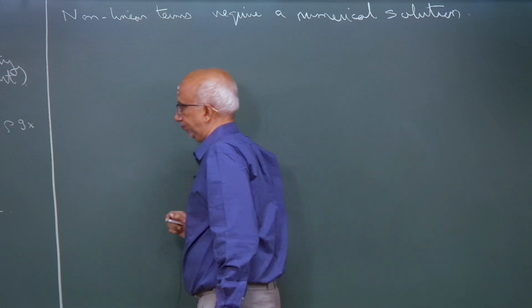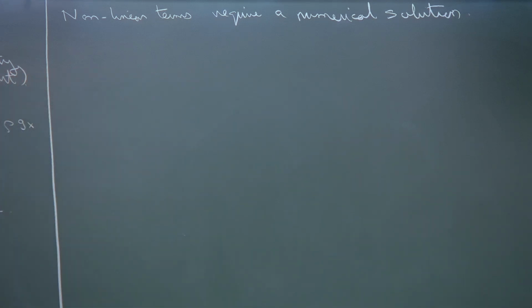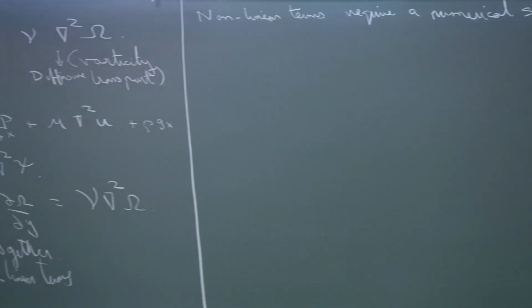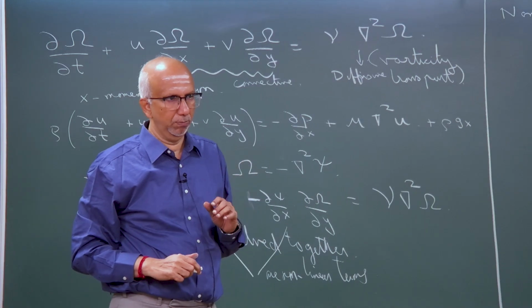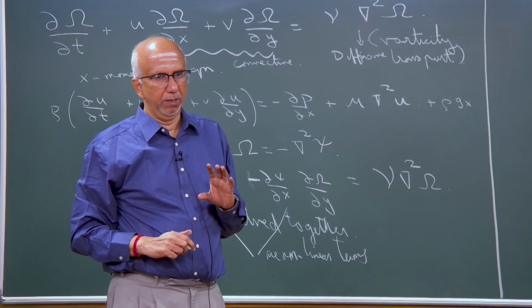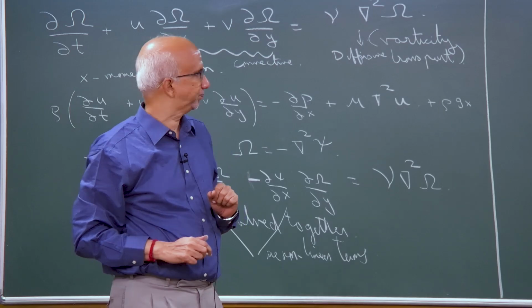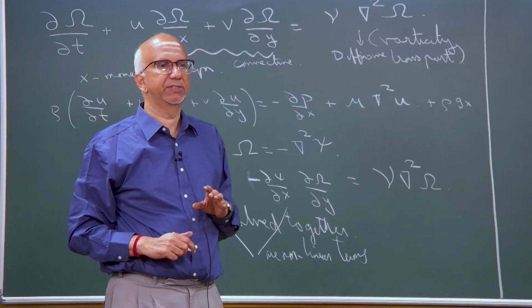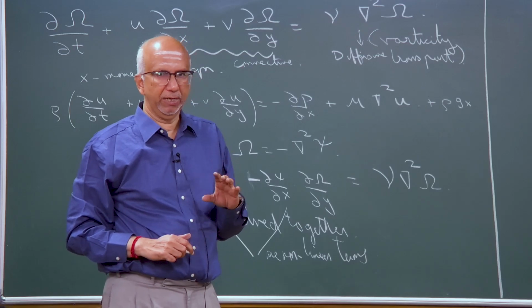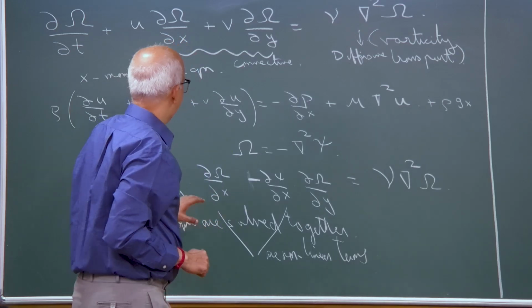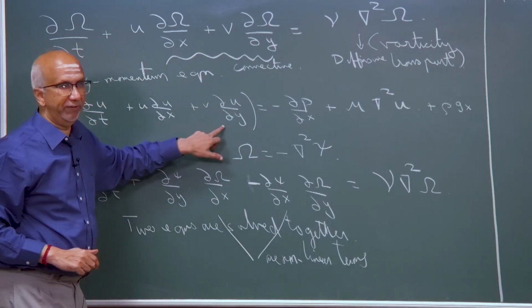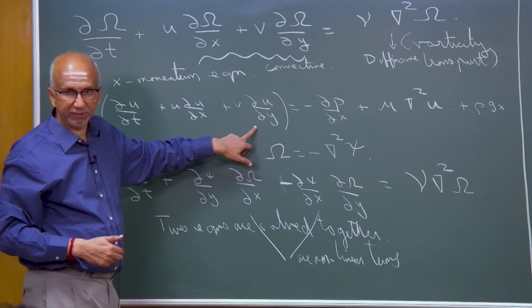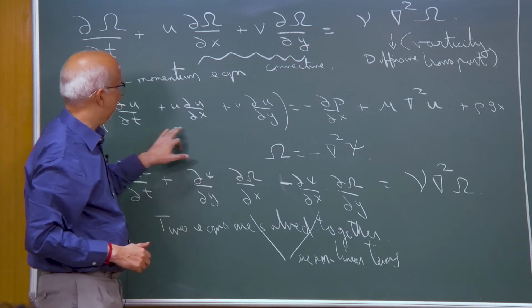solution. Okay. So, now what I want to do is, I want to talk a little bit about dimensionless analysis that we briefly did earlier for one of the problems, and explain a couple of things. So, under what conditions is it possible for us to neglect these nonlinear terms, and these nonlinear terms come from this u du dx v du dy. If you look at the derivation, the nonlinear terms come from the left hand side.